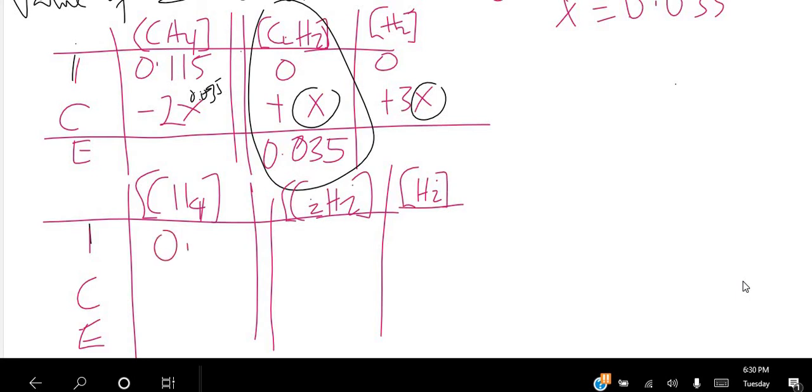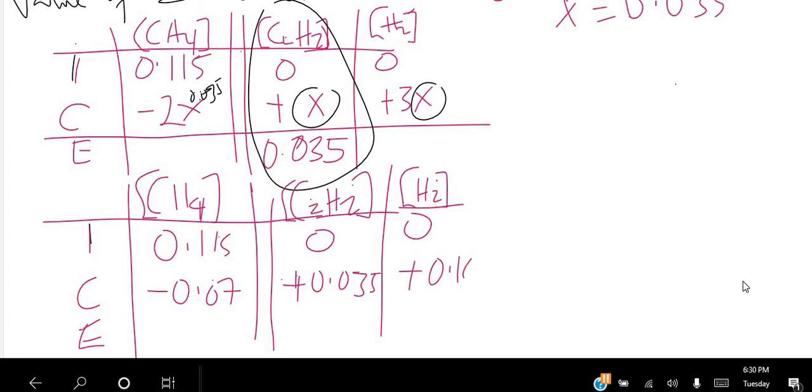So this is still 0.115, and when we multiply these two by 0.035, it gives us negative 0.07, and this is 0 and 0, this is going to be positive 0.035, and when we multiply this by 3, it's going to give us positive 0.105.